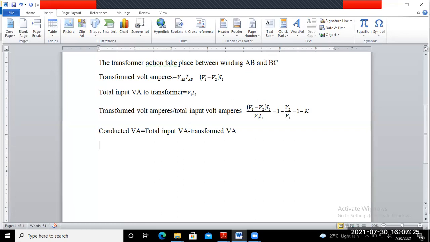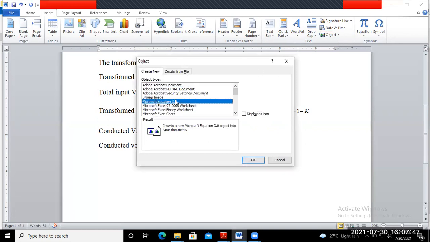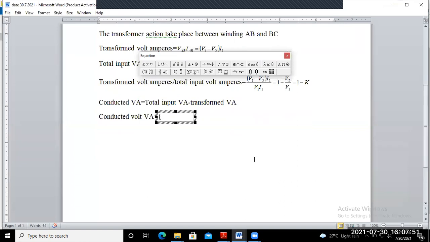The conducted volt ampere is written as equal to V1 I1 minus VAB IAB.